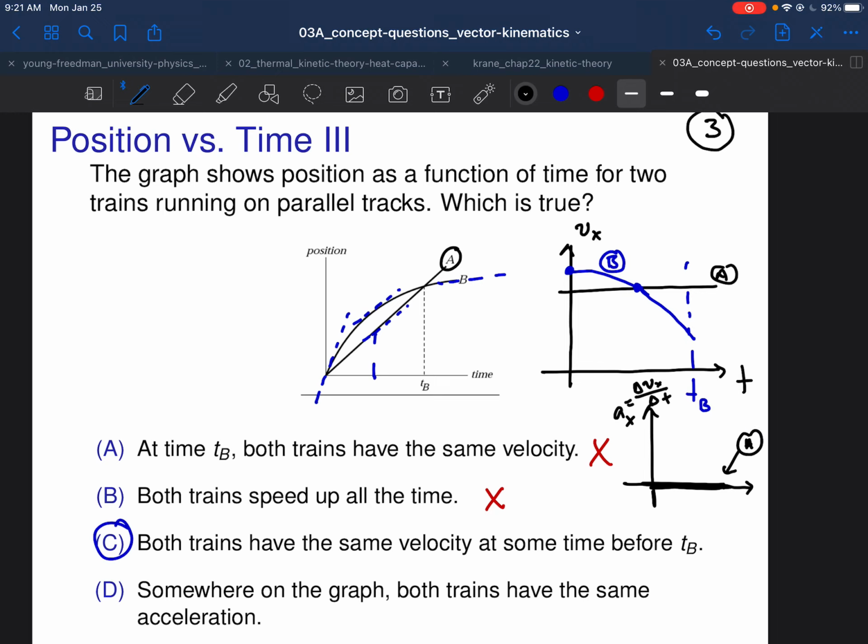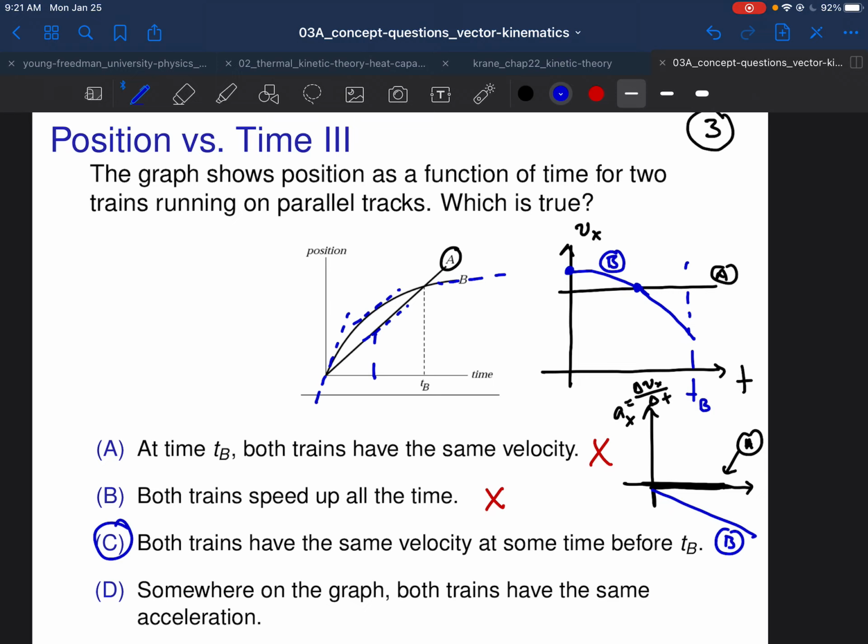So A has a zero acceleration because its velocity is not changing. For B, the velocity is changing, and in fact, the slope is everywhere negative, right? Because it's getting smaller and smaller here. So you have negative values of the slope. The negative value is getting larger in the negative sense. So B is going to be something like maybe this graph here for the acceleration.